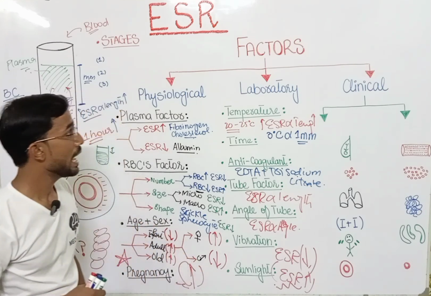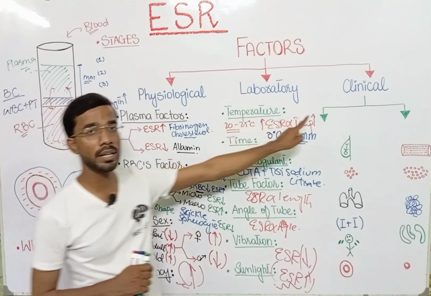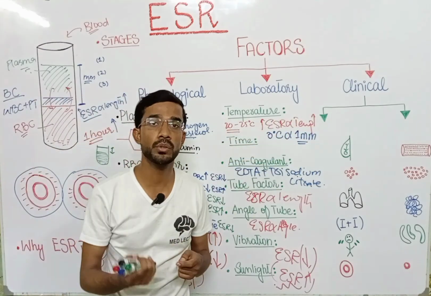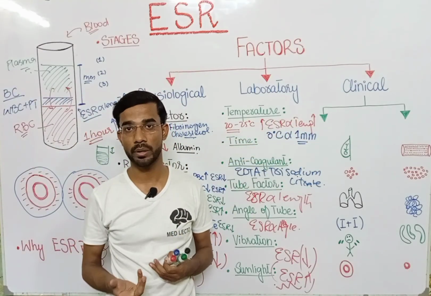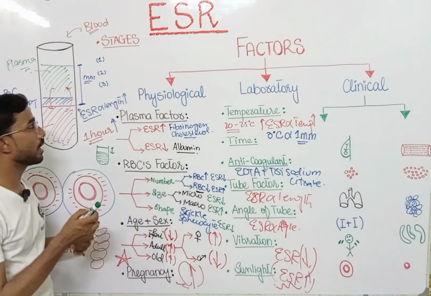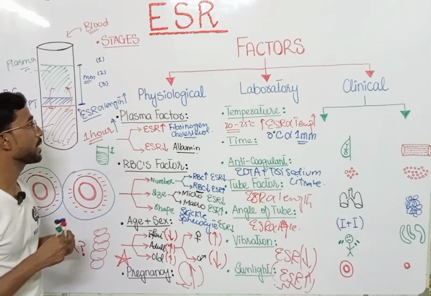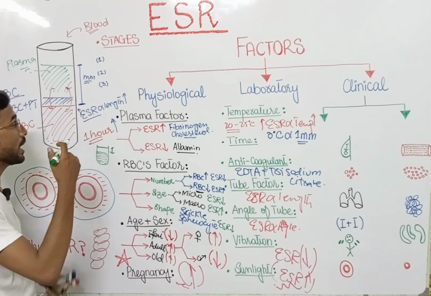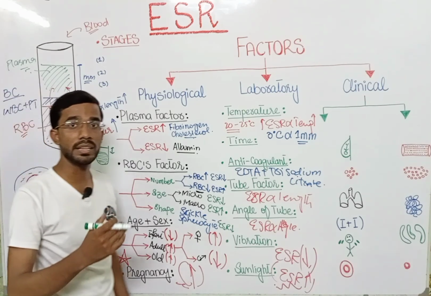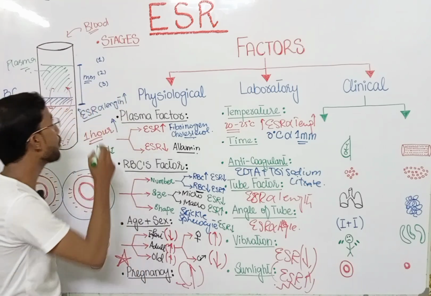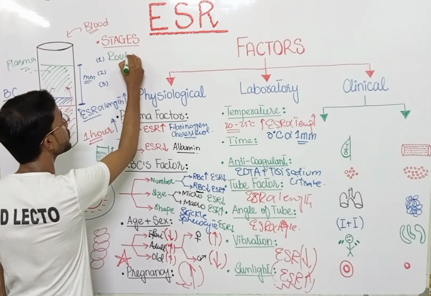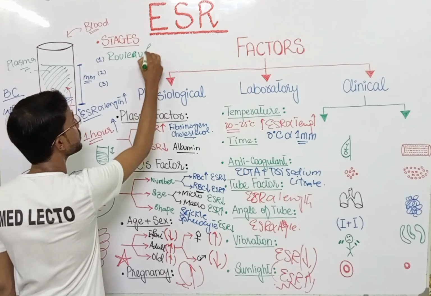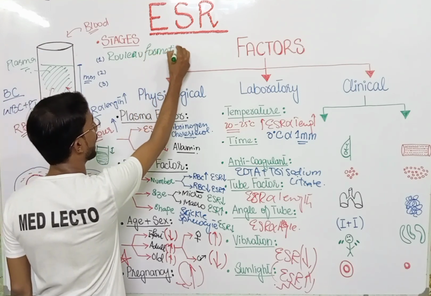Okay. Next, before we start the clinical part, you should know the three most important stages involved in the ESR. When the RBCs start settling, they go through three phases. First one is Rouleaux formation, or you can say formation of aggregation.